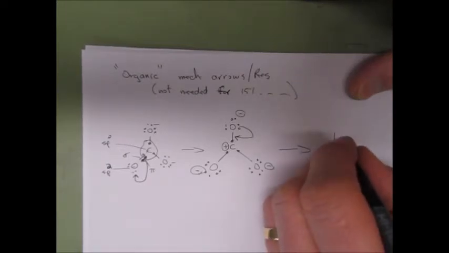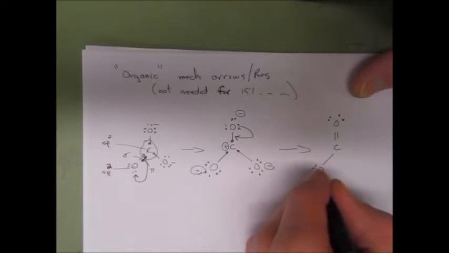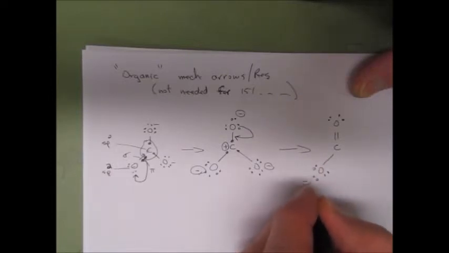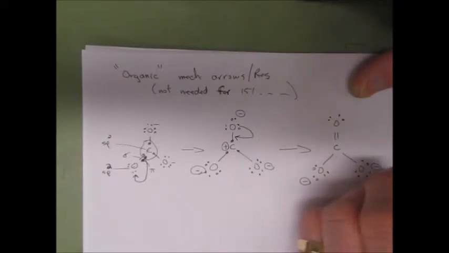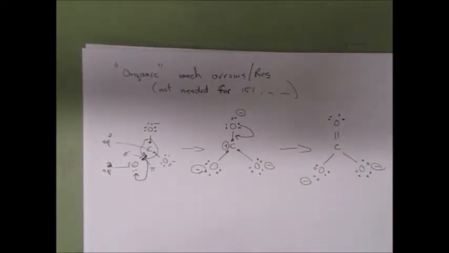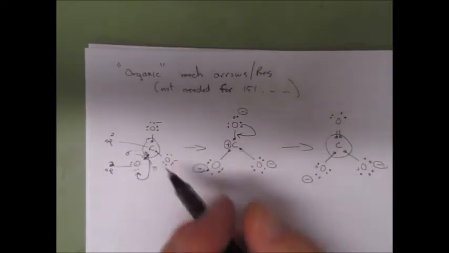So what have we done? We have successfully done this. So this carbon now has 4 electrons back, and that's why it no longer has a positive charge. But notice what we've done.